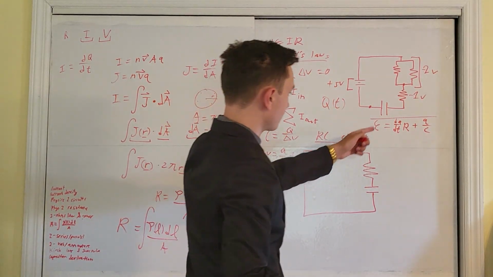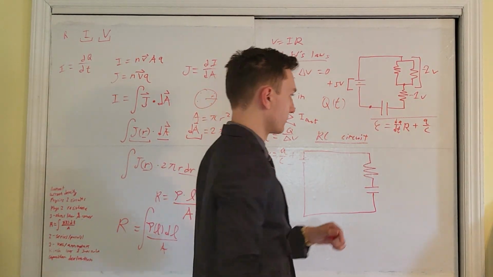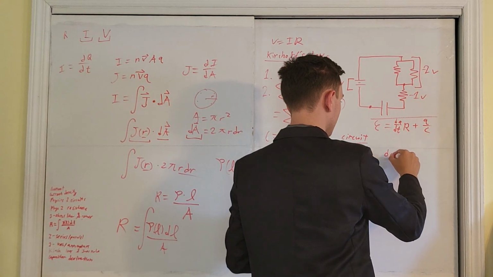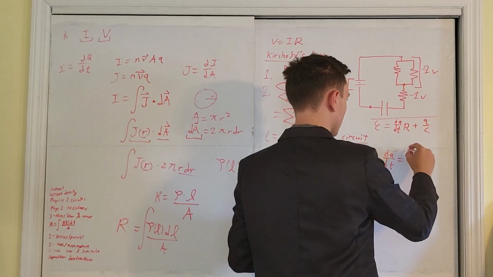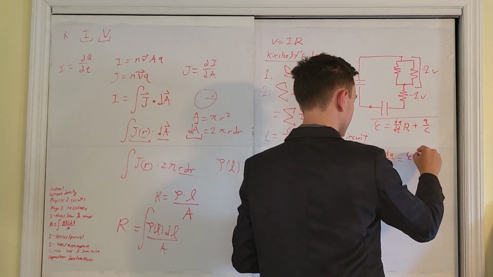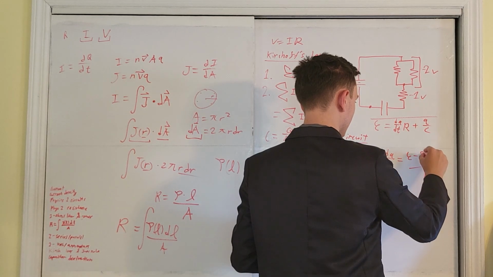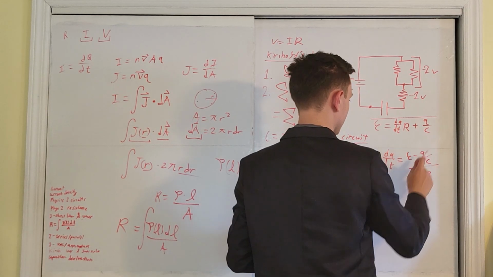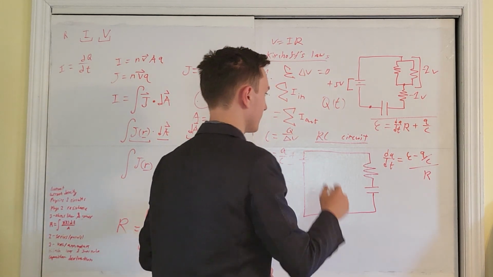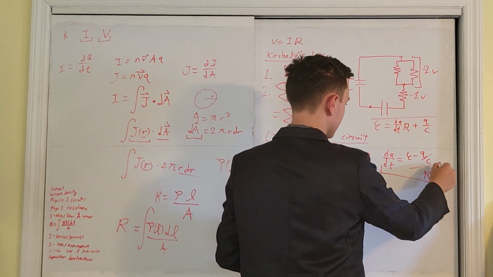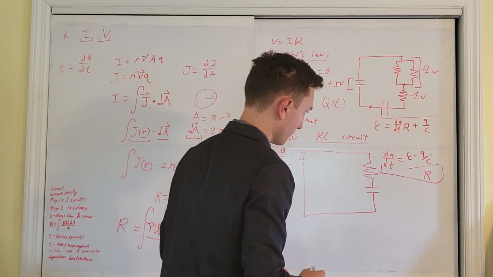Now that we have a differential equation, we need to separate variables. So I'm going to save you all of the algebra. dq by dt equals epsilon minus q over c, all divided by r. I'm sorry if my q's look like a's. I have bad handwriting. Anyway, now we have our differential equation isolated in the form we want.